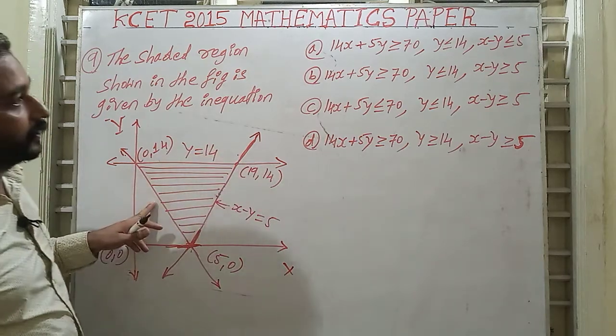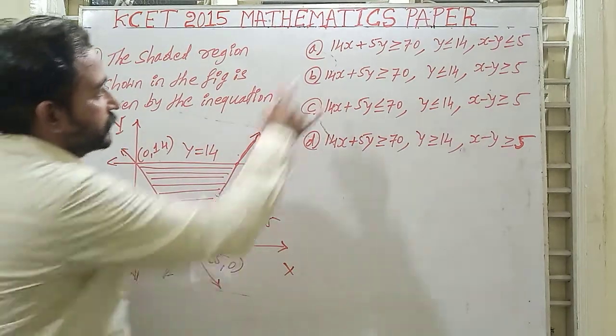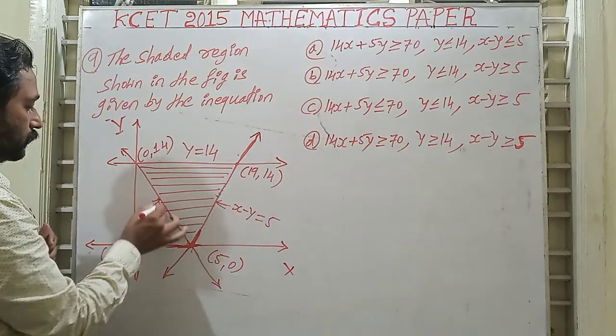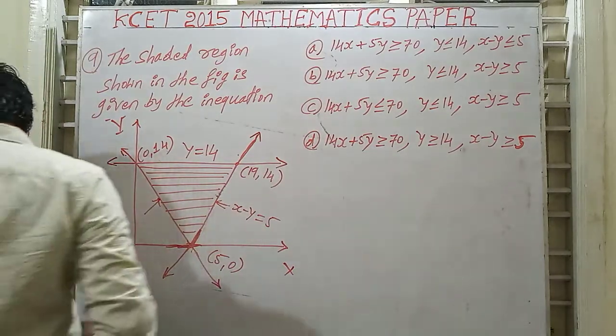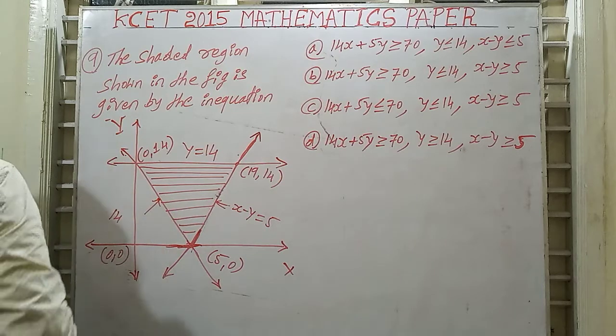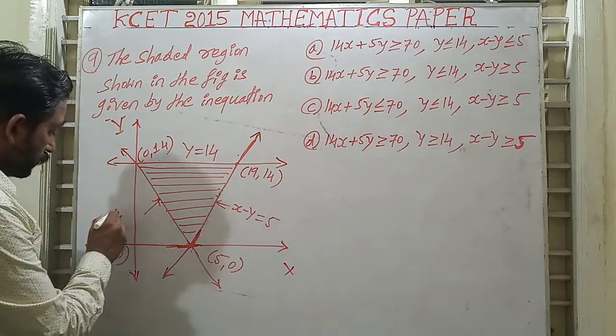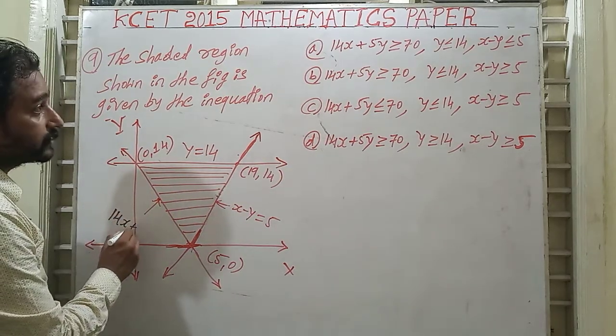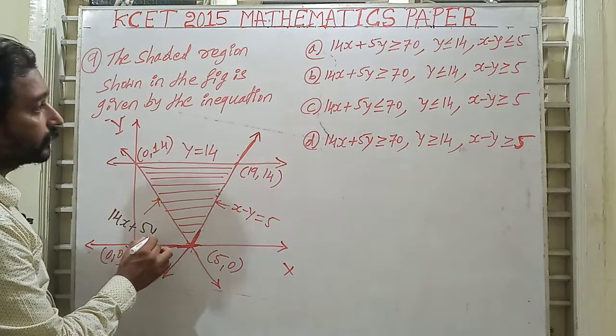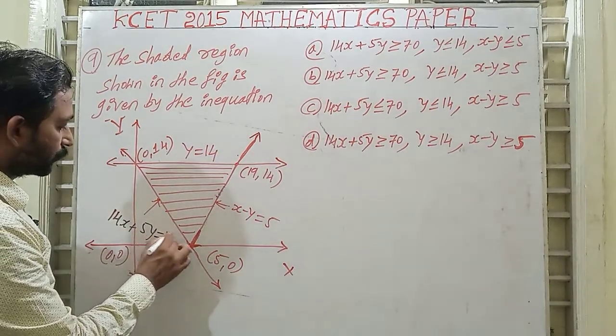So this is y is equal to 14, and the other line is 14x plus 5y equal to 70.